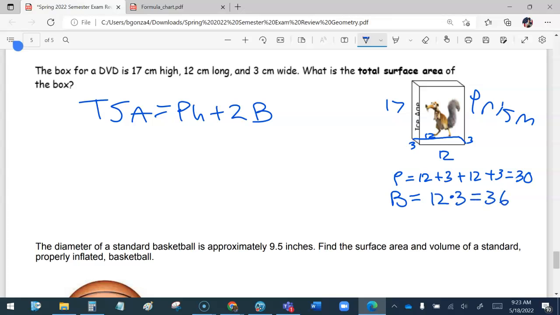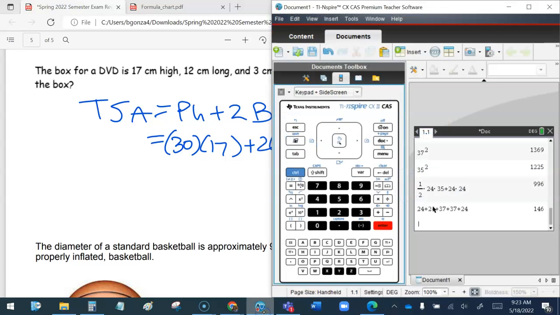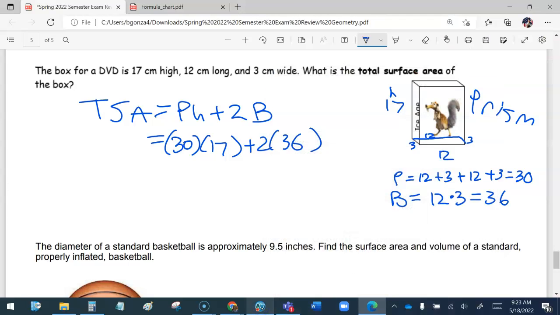So when I do pH plus 2b, knowing my height is 17, I'm really doing 30 times 17 plus 2 times 36. And I get 582. And my units are in centimeters squared because it's area.